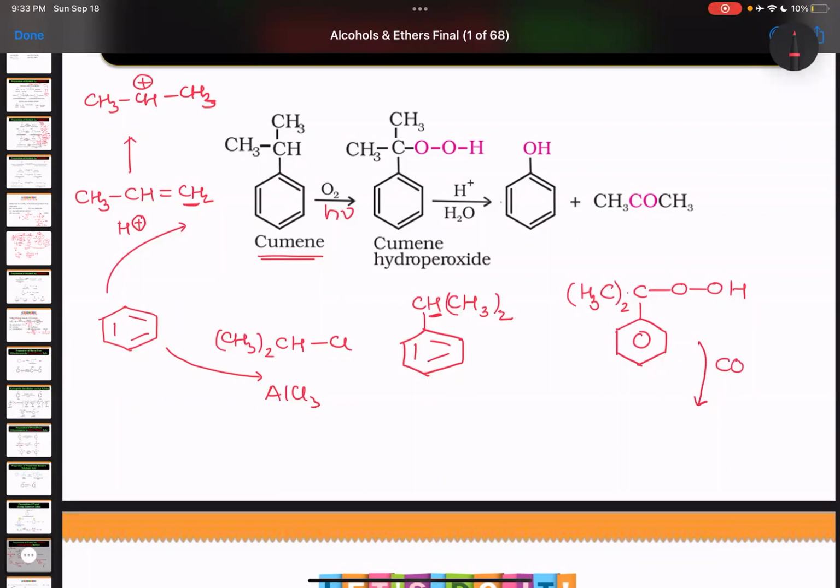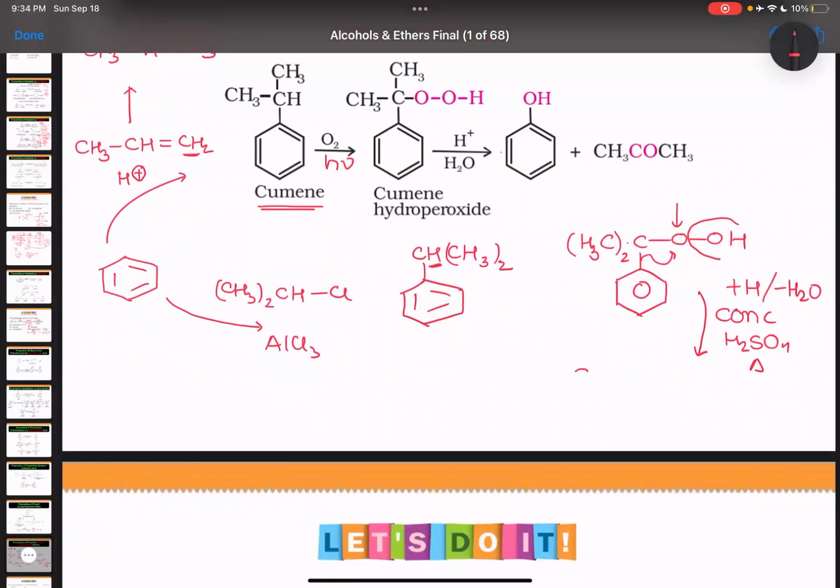H2SO4. So this H+ is going to come and join to this OH, and the water will get removed. A cation is going to come on the oxygen, and the phenyl group is going to get shifted onto the oxygen in order to make the cation more stable.